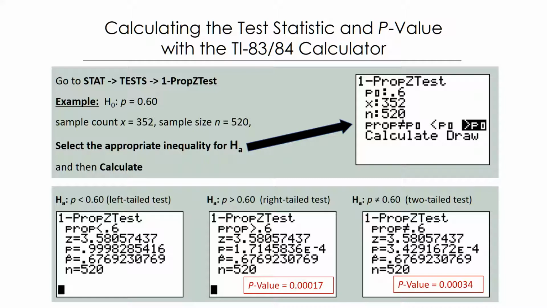And here you have to be careful because the calculator will automatically put very small numbers in scientific notation with the capital E and then the power of 10. So 1.71458836 E negative 4 means times 10 to the negative 4th power, which means move the decimal place to the left 4 places and fill in with 3 zeros. On the two-tailed test, we can see that it's also a very small p-value of 0.00034.